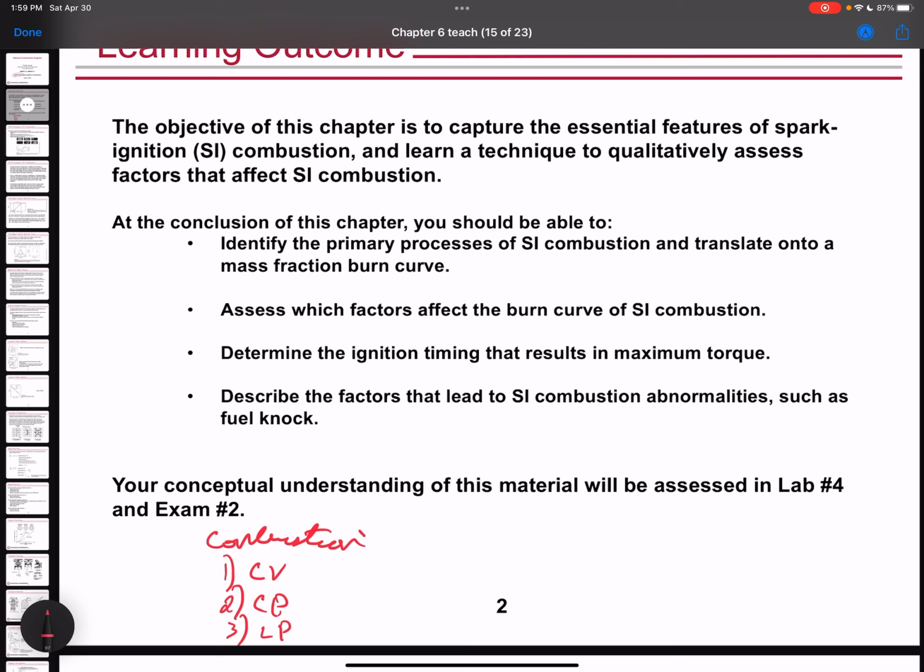So all of those processes, that ignition, the development of radicals, and that high temperature exothermic heat release, that all takes a finite amount of time to execute.